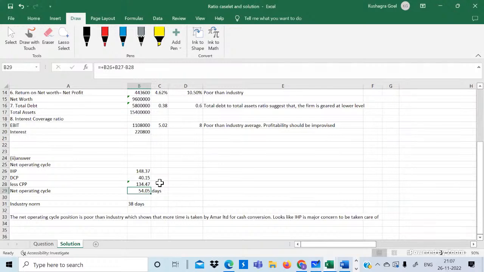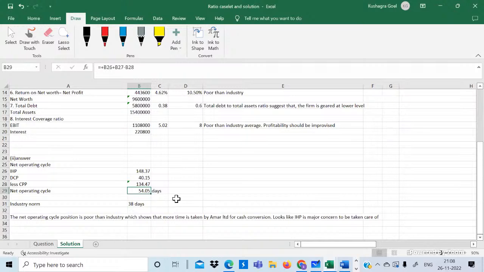What does operating cycle time state? It states how much time it takes for cash to come back into your pocket. For your peers, if they spend the money today, they will get the money back in 38 days. But if you spend the money today, you will get the money back in 54 days. This is where I start taking into account my opportunity cost, interest cost, and money getting blocked.